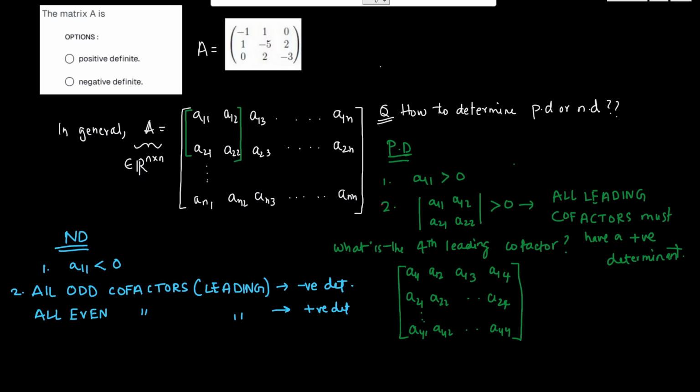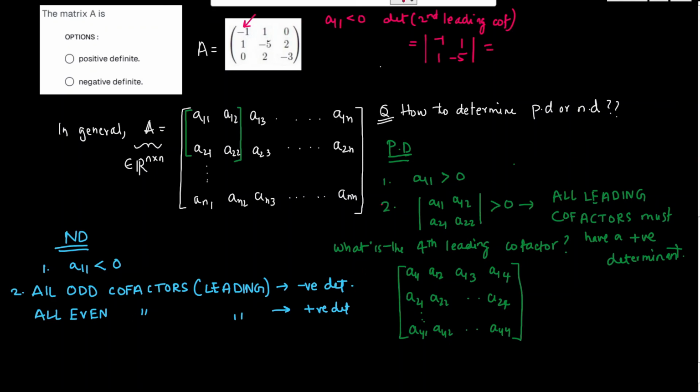In the question, we can observe that the first element is negative of 1. So we can say that A11 is negative. Now, what is the determinant of the second leading cofactor? It will be nothing but minus 1, 1, 1, and then minus 5, which is equal to 5 minus 1, which is 4.